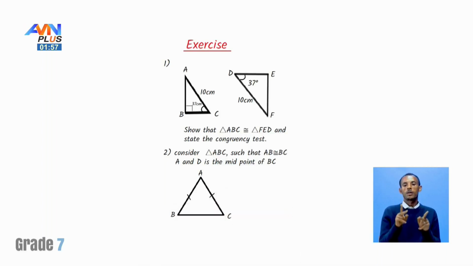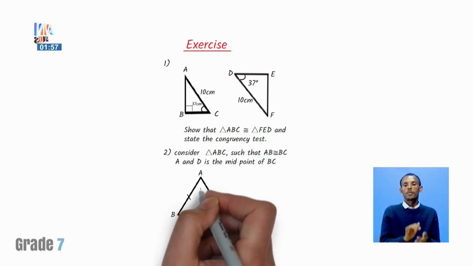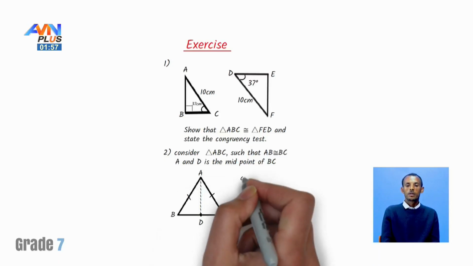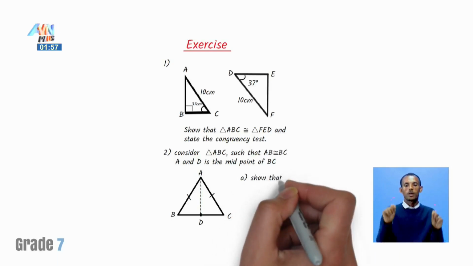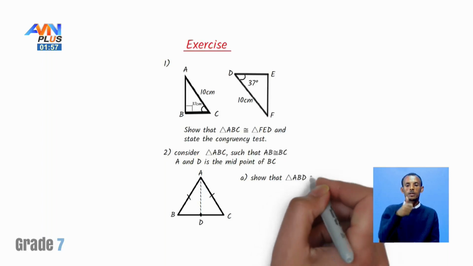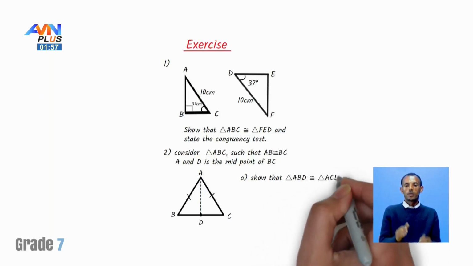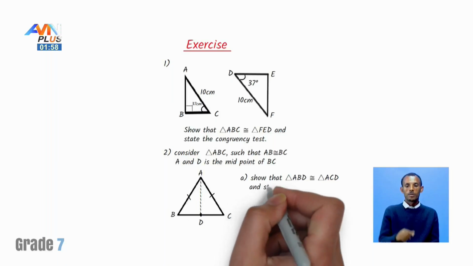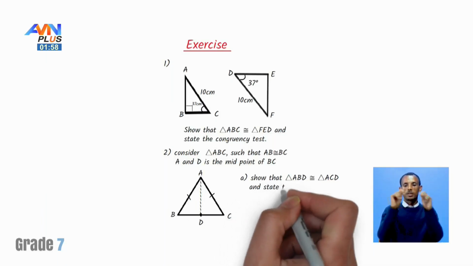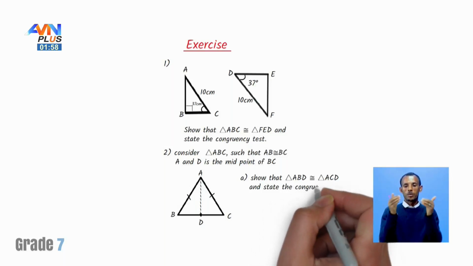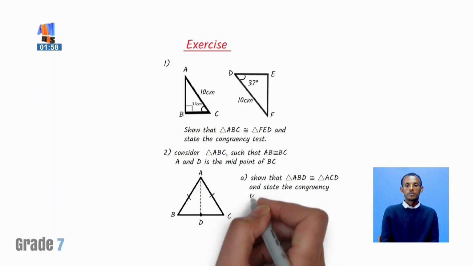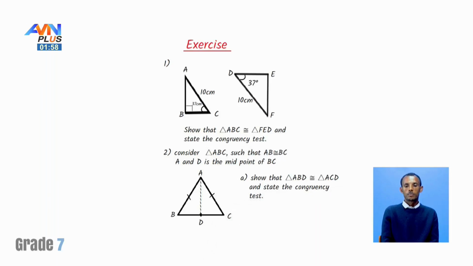Okay, again, D is the midpoint here. So you are asked to show that triangle ABD is congruent to triangle ACD, and state the congruency test.